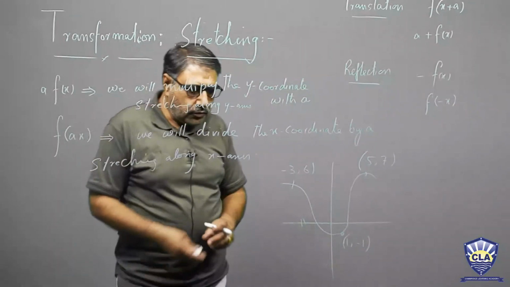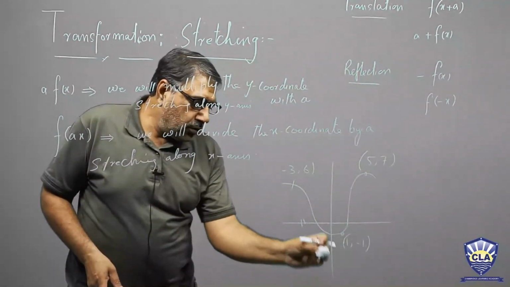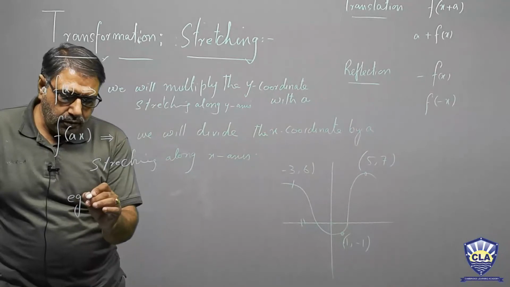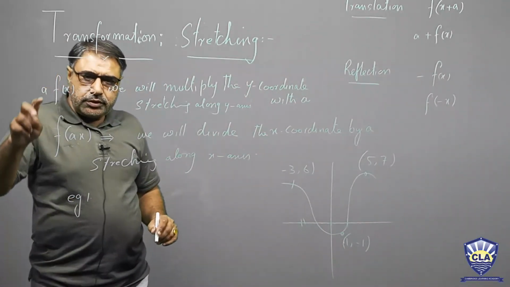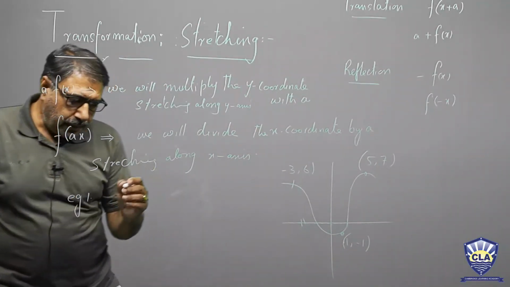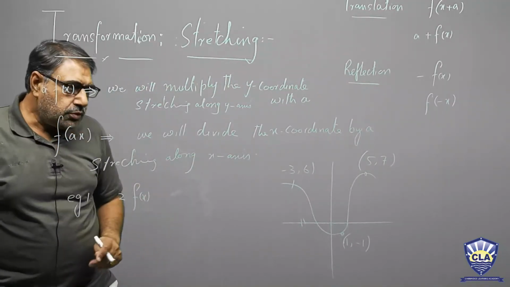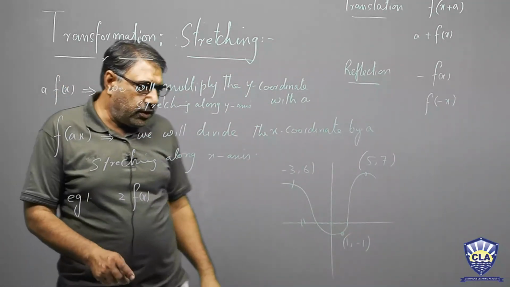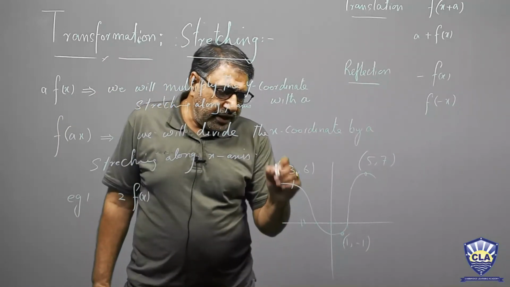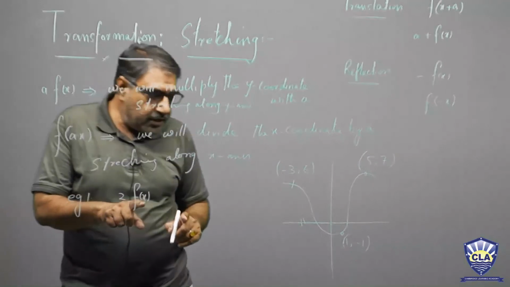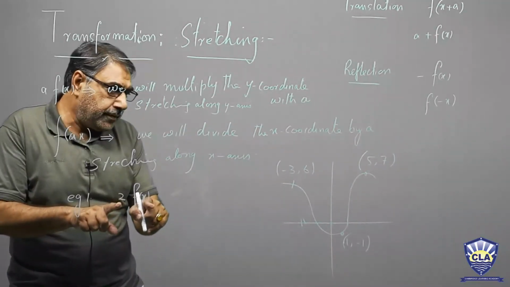If we take this example number 1, when he said it is 2f of x, so multiply the y coordinate, whereas the x coordinate will remain the same, only multiply the y coordinate.